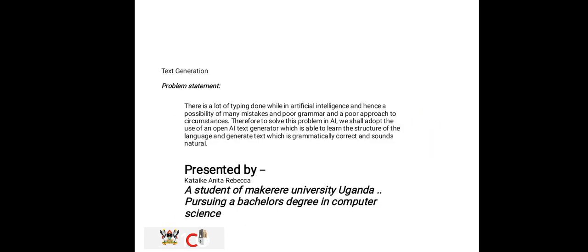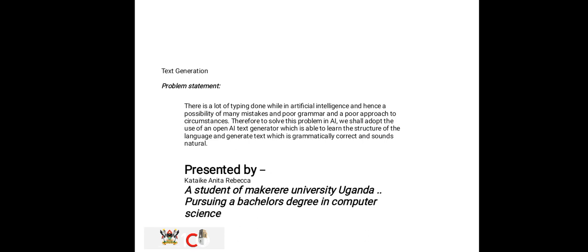Today I'm presenting a problem of my project, which is about text generation. There is a lot of typing done in artificial intelligence, and there's always a possibility of many mistakes and poor grammar.